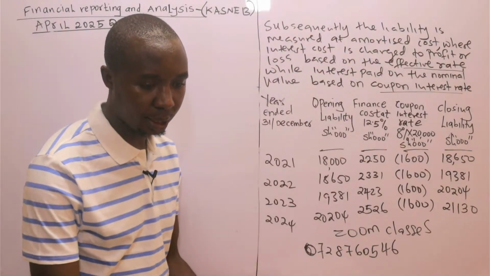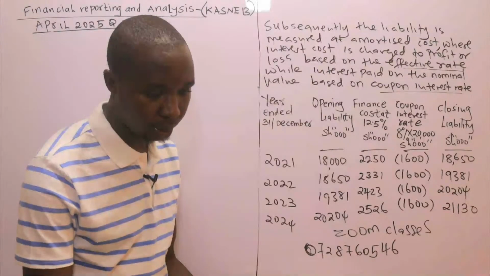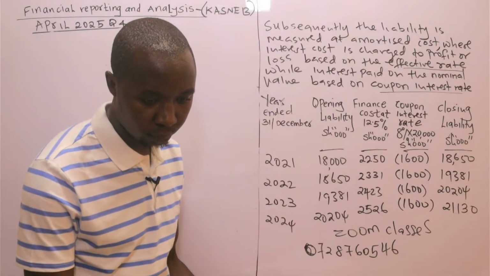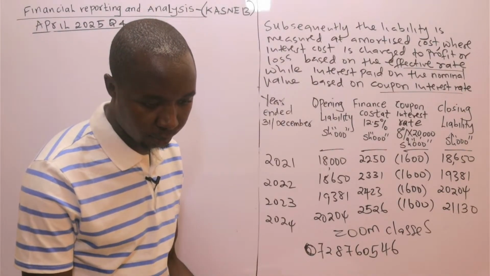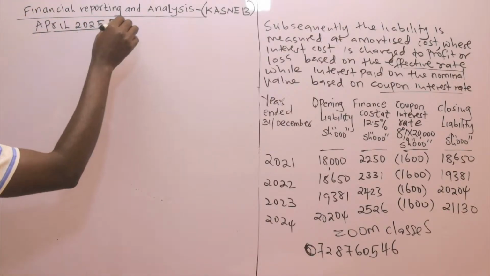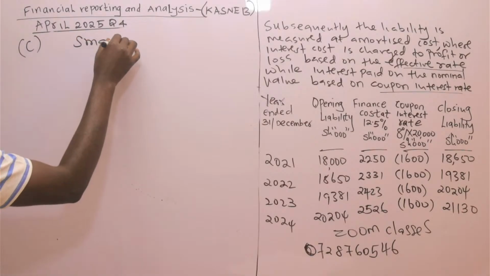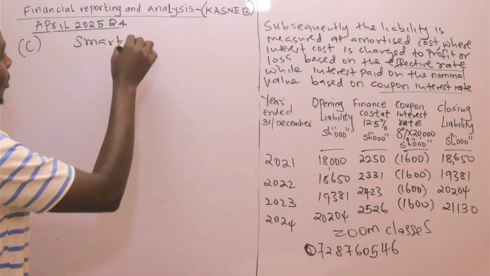Statement of change in net assets. So remember, I'm going to do part C. It's called Smart Retirement Benefit Scheme.